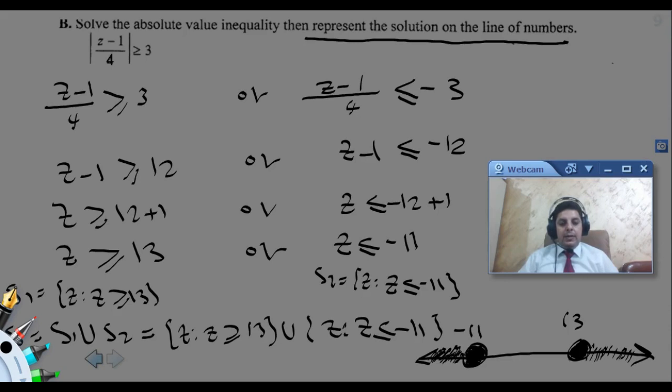Look at negative 11, that is the representation of the solution set on the number line or straight line.